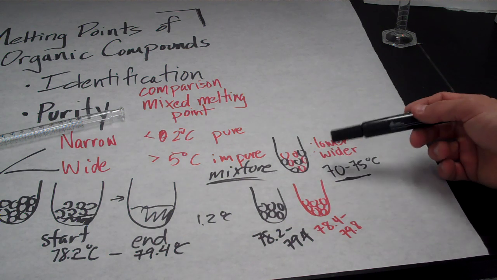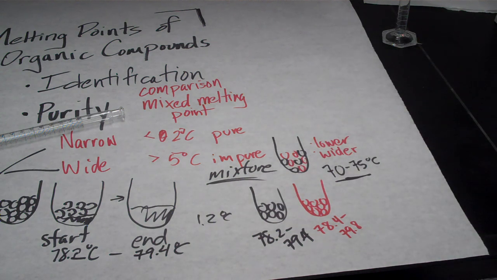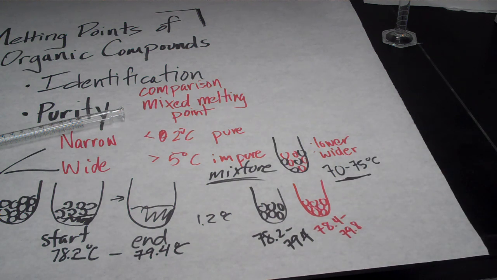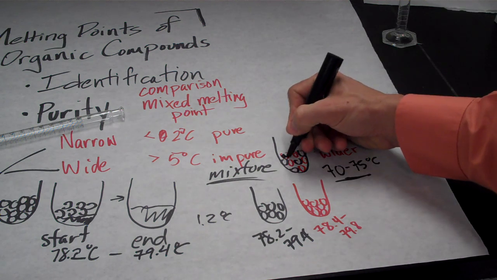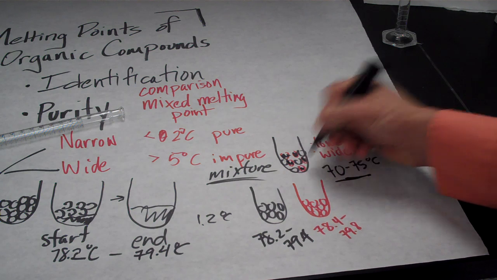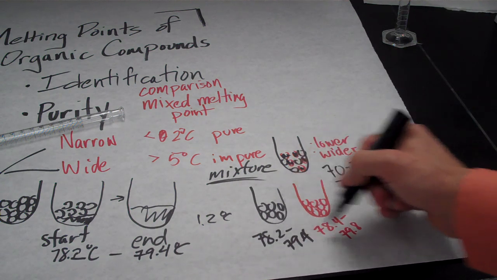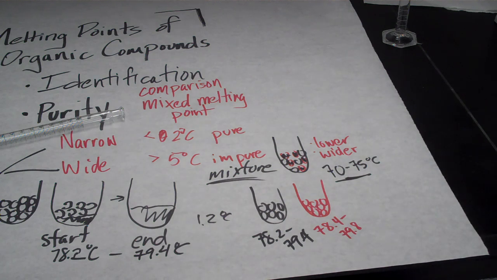If the two are different materials, their melting point would be wider and lower. If the two are in fact the same chemical, then they really aren't red and black. Then they really would both be the same compound, and we would expect the same melting point range that we had in the individual experiments.